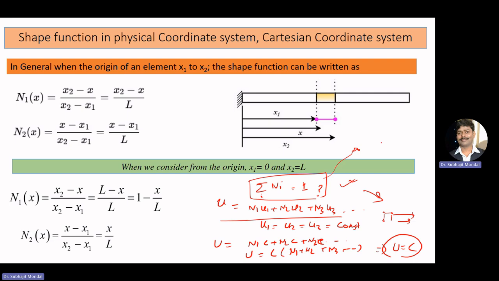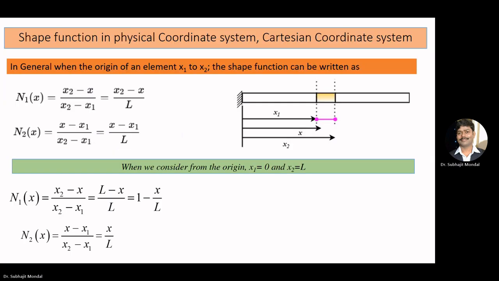We may not accurately interpolate the value. We may not be able to accurately interpret the displacement values or strain values. So this is the reason why the sum of the shape function should be 1.